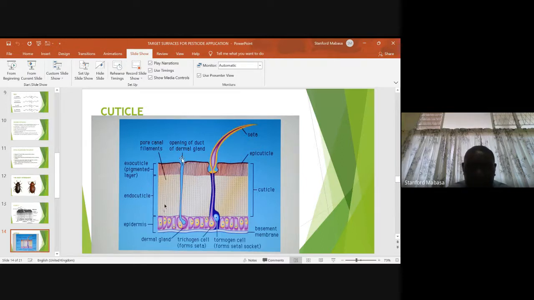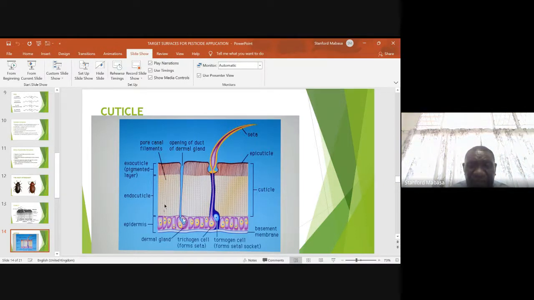But within this cuticle, we also have passages which are used by some fluids to get out of the insect. So this barrier can prevent entry of the pesticides.